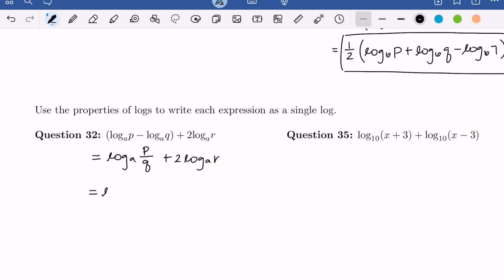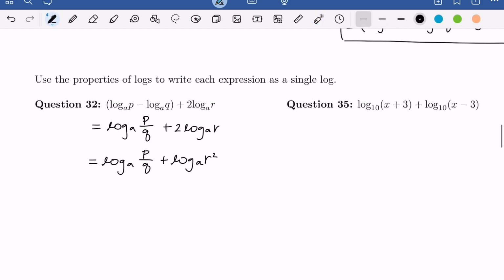This is going to be the same thing as log base a of r squared. Lastly, we're taking the sum of these two log expressions, so we can use our product rule. This is going to be the same thing as log base a of p r squared over q. That's how we can use our log properties to write this as a single log expression.